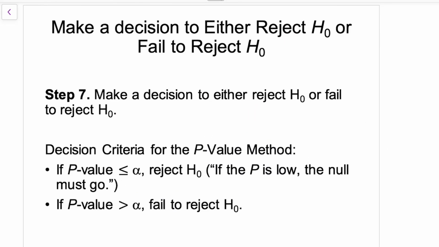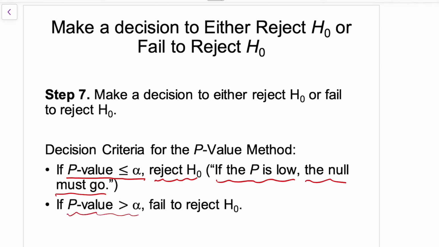So once we have our p-value method or our critical value method, how do we determine whether we can reject the null hypothesis or whether we fail to reject the null hypothesis? Here, if our p-value is less than or equal to alpha, we can reject our null hypothesis. The little mnemonic device is if p is low, the null must go.